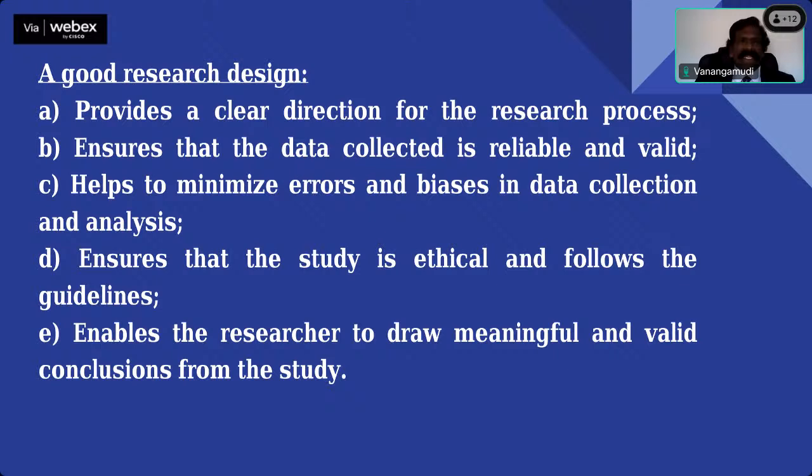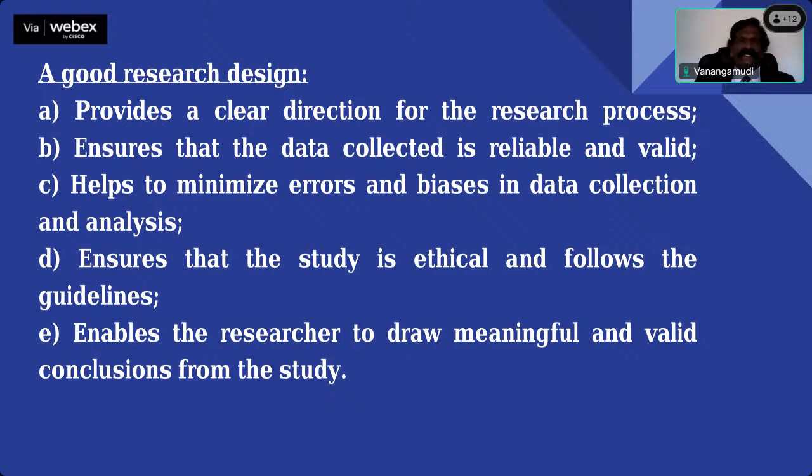Min means minimization of the error variable. It is always possible, in measuring the result and the impact of the variables, to commit errors. So this minimization of errors is inevitable. Therefore, any research design which aims at minimizing the error variance is a good research design.